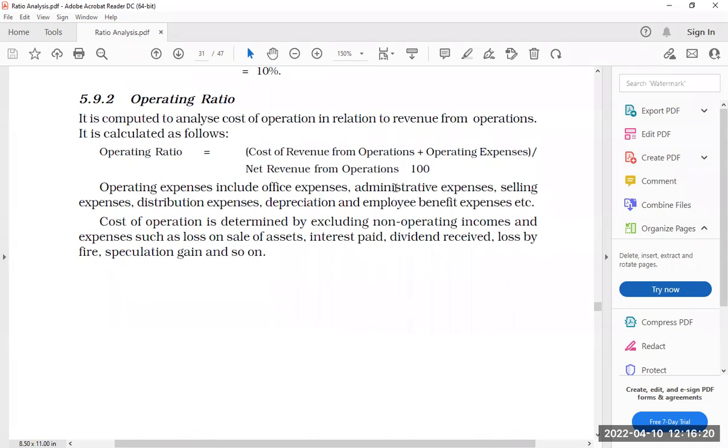So operating ratio is equal to operating cost divided by net sales into 100. What is operating cost? Cost of goods sold plus operating expenses.